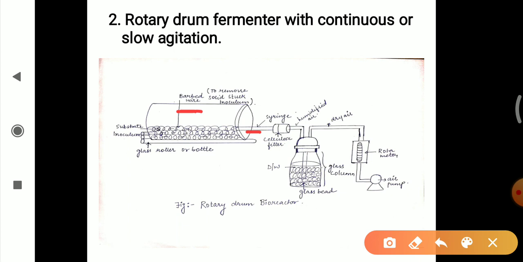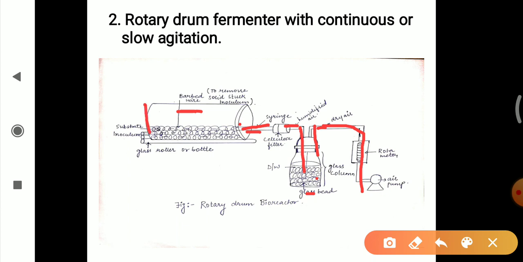The thing we have to remember is that dry air will pass from here. To humidify it, it first passes through the glass column consisting of glass beads and distilled water. The humidified air then passes through the cellulose filter, and from the syringe it is inserted inside the glass roller bottle.